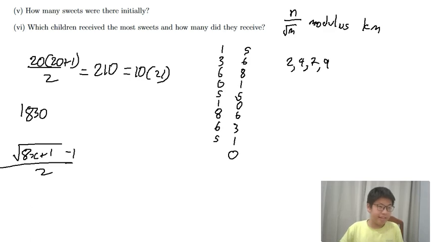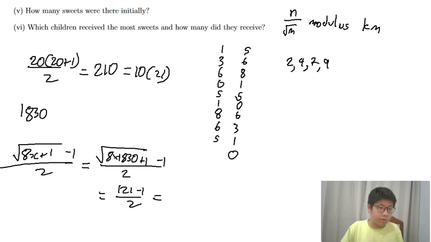Then we plug in 1830, and we get (121 minus 1) over 2, which equals 60. So there were 60 sweets initially.